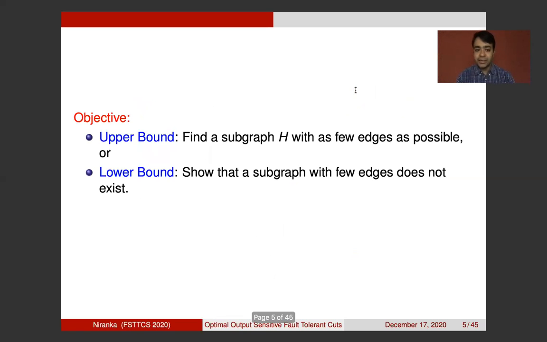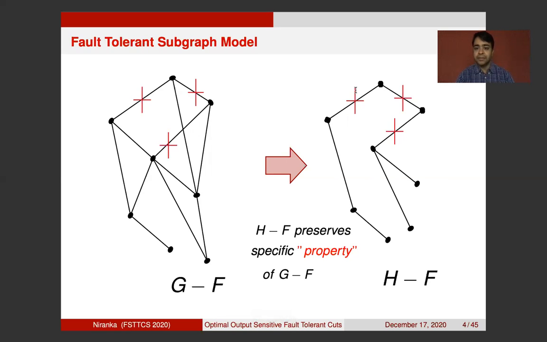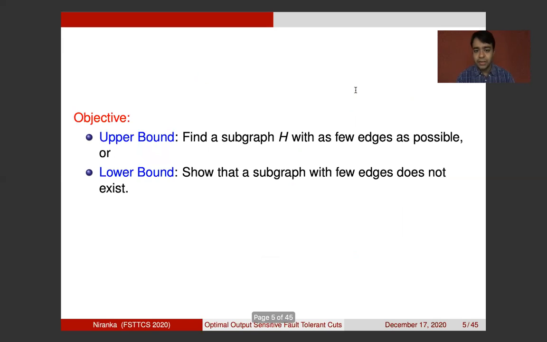Now, just to remind, the pre-processing time is important from a theoretical point of view, but from a practical point of view, these types of problems are generally motivated by emergency planning, where you need to deal with some temporary faults in your network or communication by storing a subgraph which is as small as possible, such that the properties are still maintained even if there are some faults.